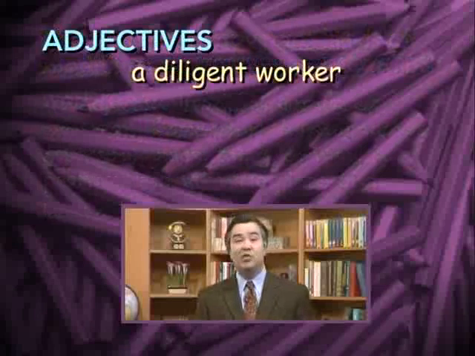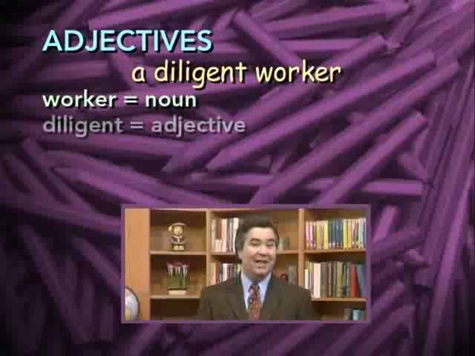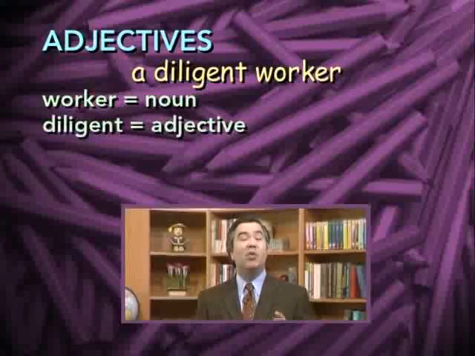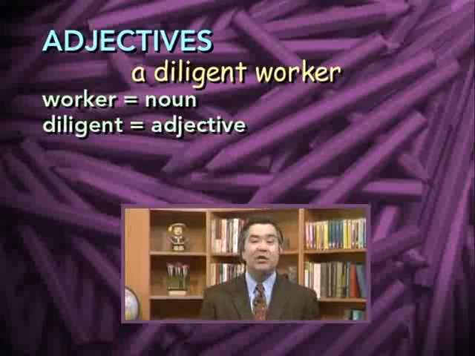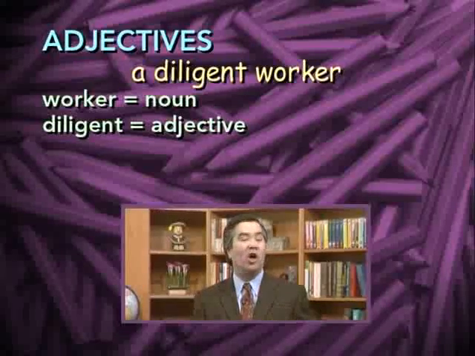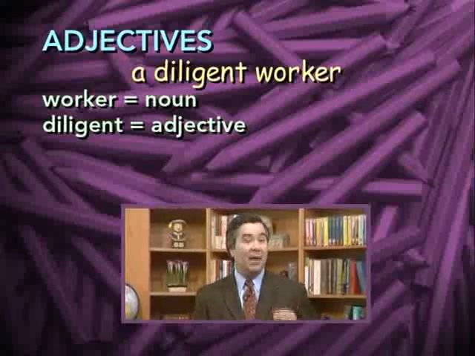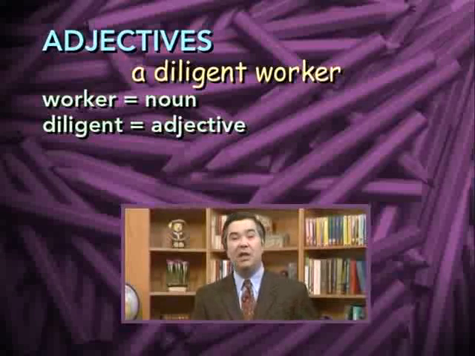In this phrase, worker is a noun. It names a person. Diligent is an adjective. It gives more information about the noun worker. It tells us what kind of worker, a diligent worker. That is, a worker who works hard. So the word diligent is an adjective because it modifies or gives more information about the noun worker.